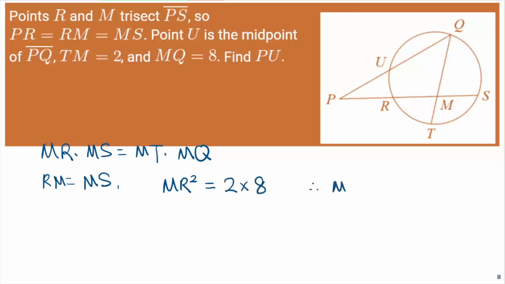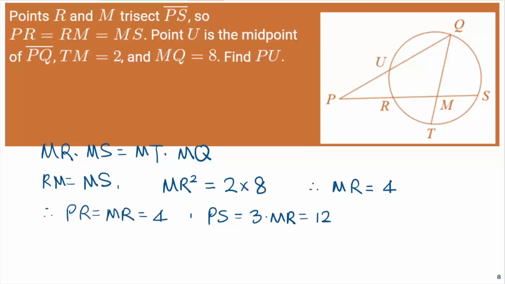And therefore we have MR must equal 4, right? And therefore PR equals MR equals 4. And PS equals 3 times MR, which gives us 12.